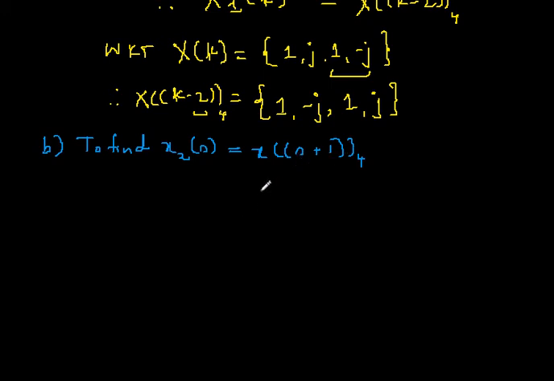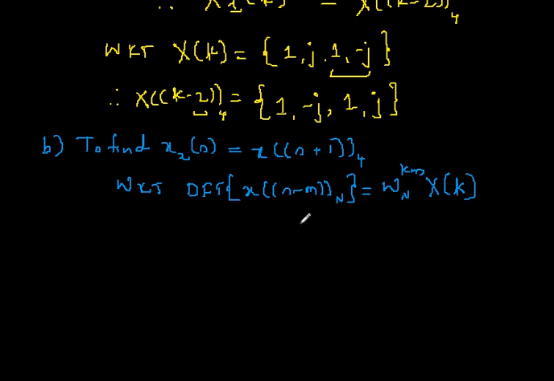Is that okay? So before that, I'll just write the property. We know that. So what is that property? DFT of x of n minus m is equal to Wn to the power k into m, X of k.